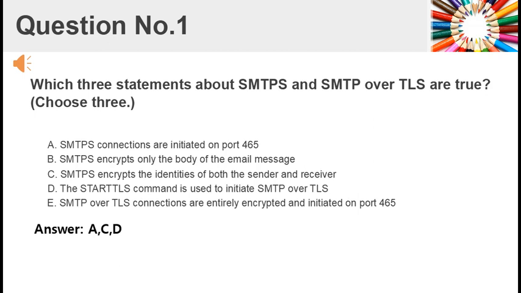Which 3 statements about SMTPS and SMTP over TLS are true? Choose 3. A. SMTPS connections are initiated on port 465. B. SMTPS encrypts only the body of the email message. C. SMTPS encrypts the identities of both the sender and receiver.